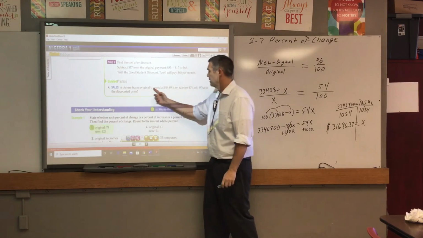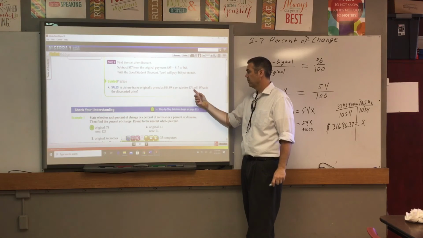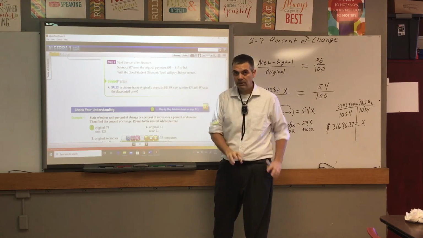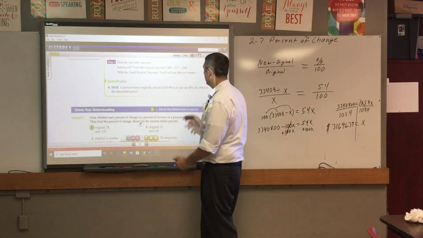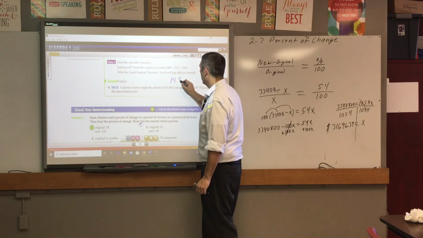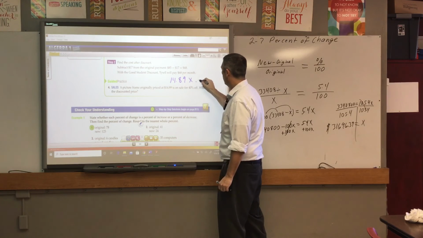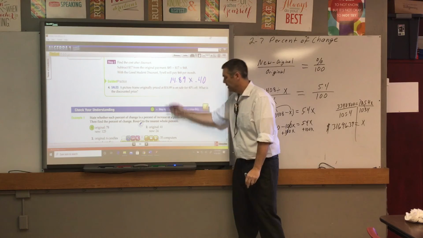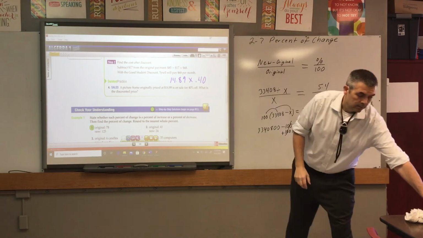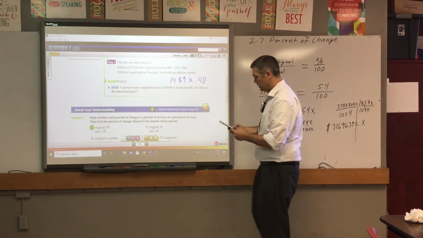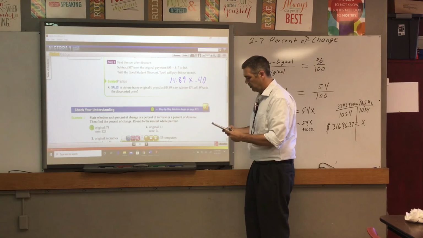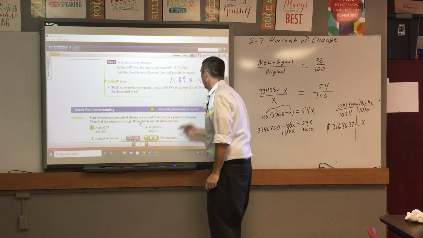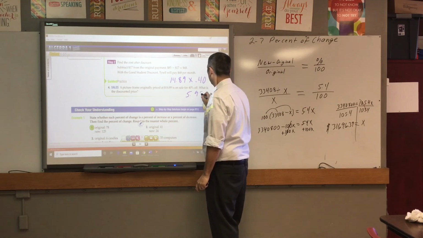A picture frame originally priced at $14.89 is on sale for 40% off. What is the discounted price? So they want the price after the discount. Same setup. 14.89 times 0.4, 0 if you like. Multiply those two together. 14.89 times 0.4 gets you 5.956.